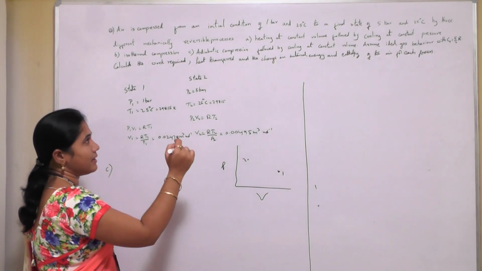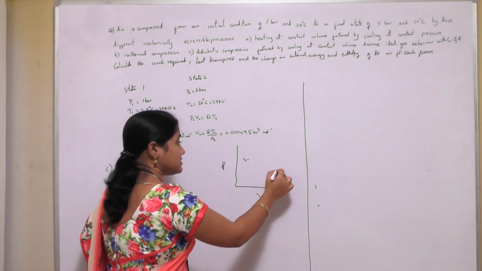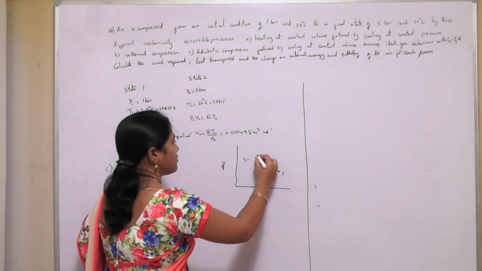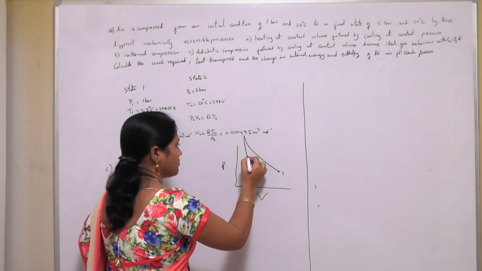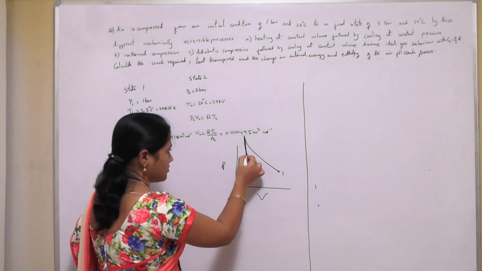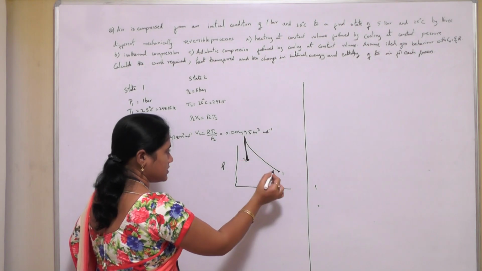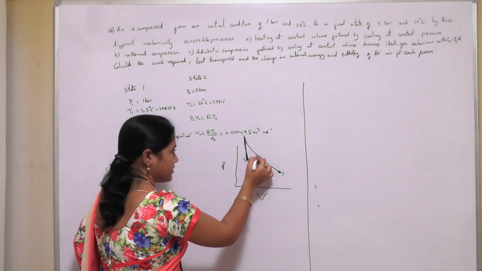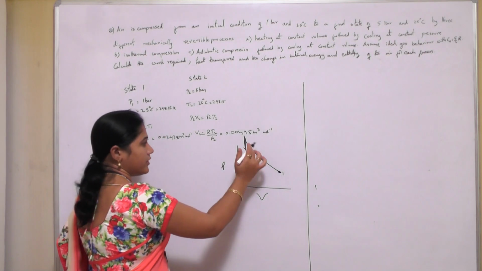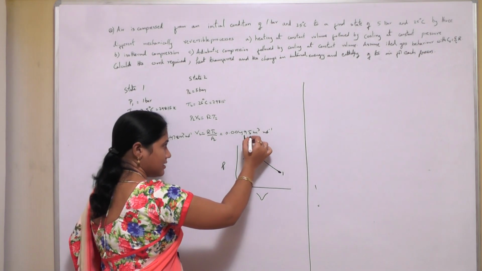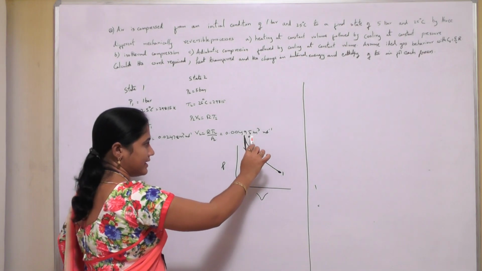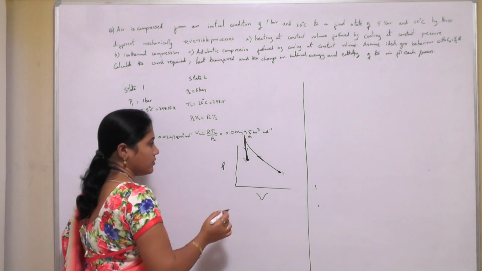One path is adiabatic compression, which means the volume is reduced, then cooling at constant volume. So this is state 1, state A, then state 2.